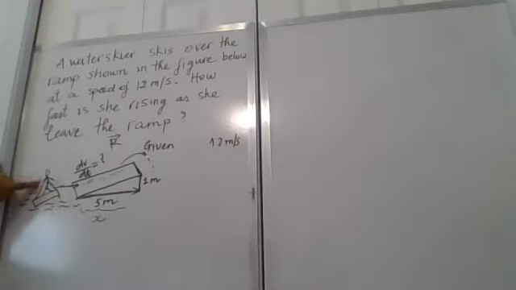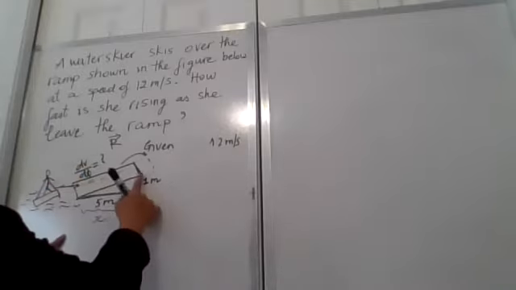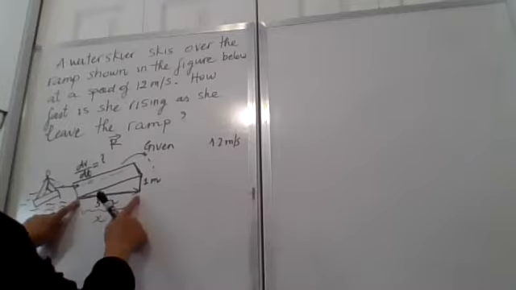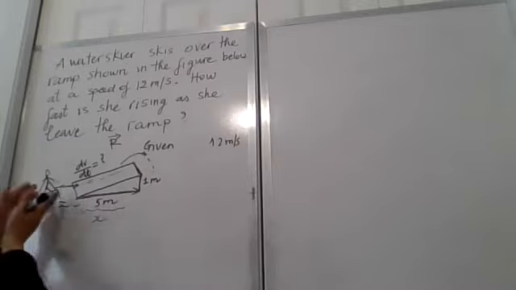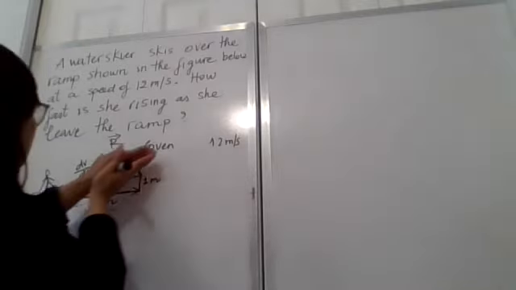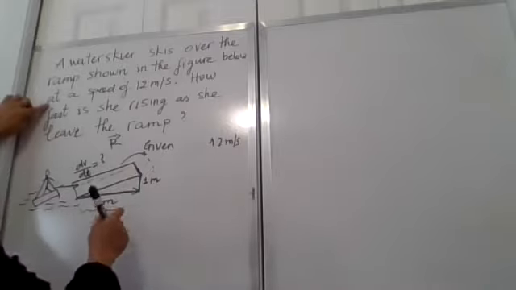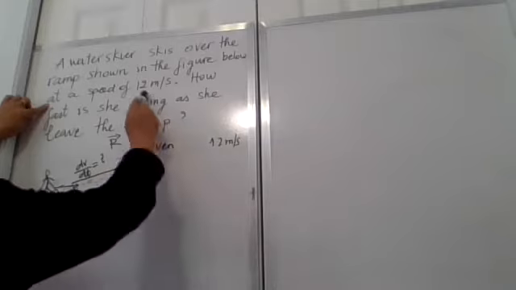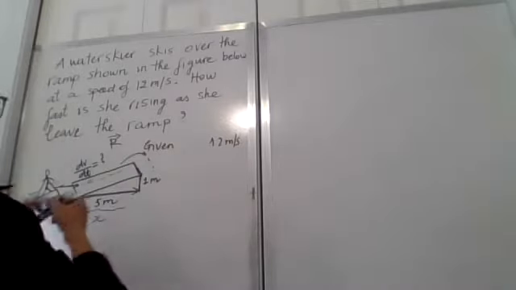There is a water skier, and there's a ramp with a rise of 1 meter height, and the length is 5 meters horizontal. She tries to ski over this ramp. The question says that her speed when she skis over this ramp is 12 meters per second, the velocity. So how fast is she rising?